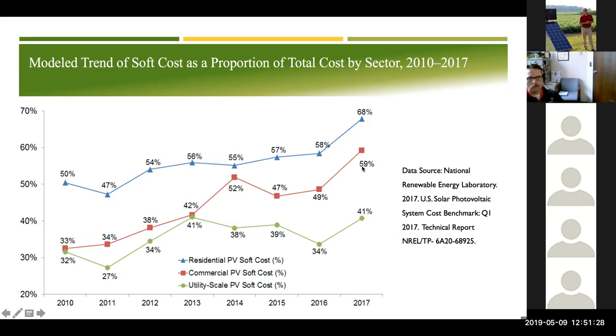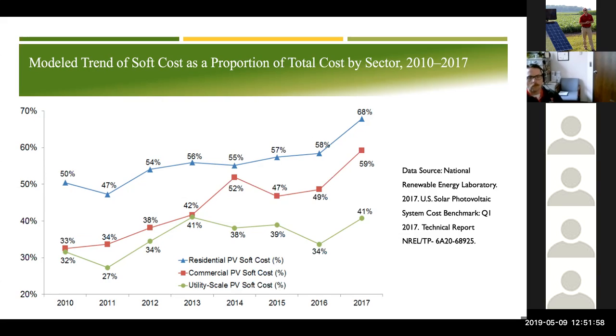So again, let's just say 60% of our total installation cost for a commercial system is soft cost.